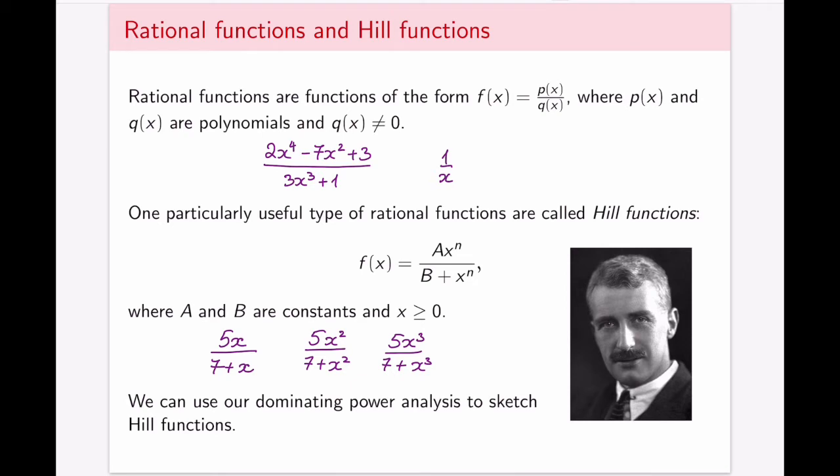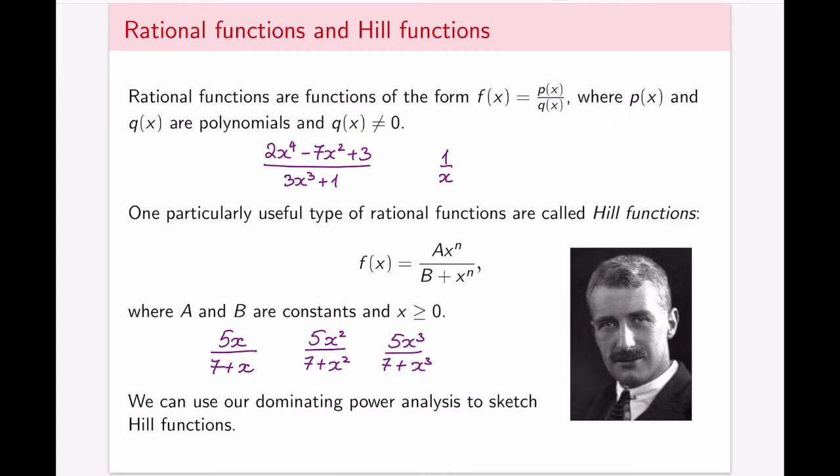Because these functions are going to arise in a variety of applications, we're going to focus on considering them for x greater or equal than 0, because x will stand for a value of something that cannot itself be negative, such as a concentration of a chemical or some kind of value that will only make sense biologically if it is positive.